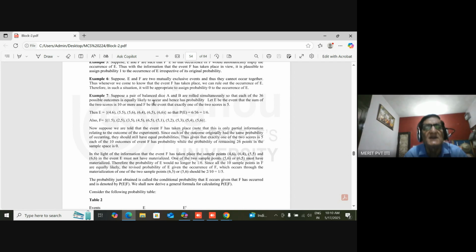Suppose a pair of balanced dice A and B are rolled simultaneously so that each of the 36 possible outcomes is equally likely to occur. Hence the probability. Let E be the event that the sum of the two scores is 10 or more, and F the event that exactly one of the two scores is 5.